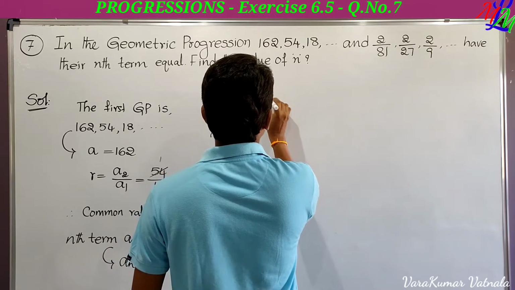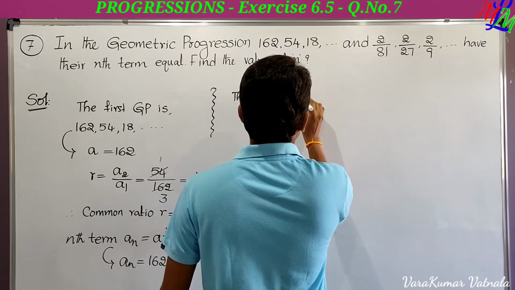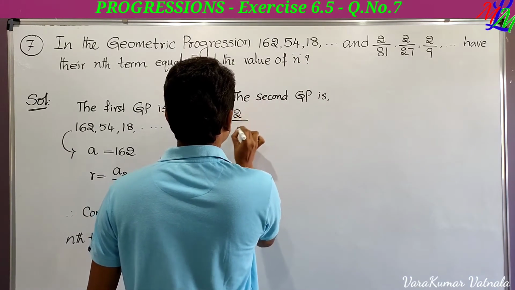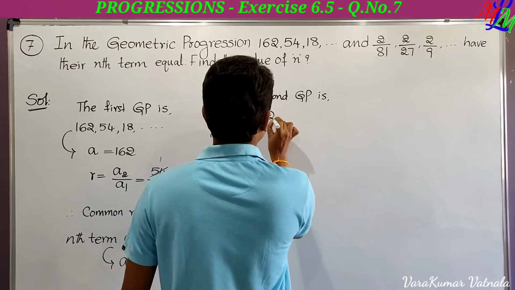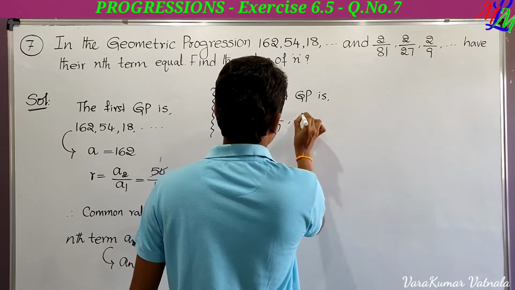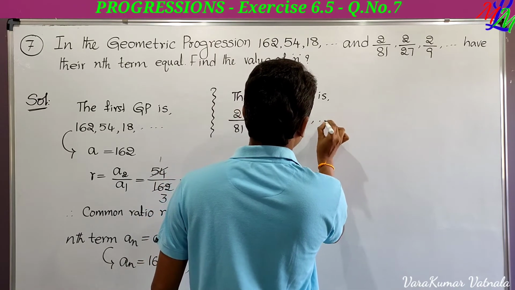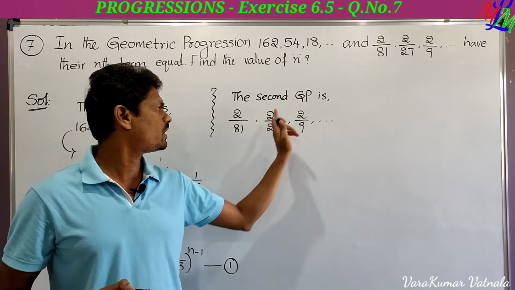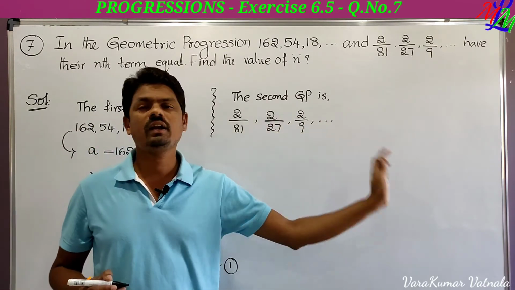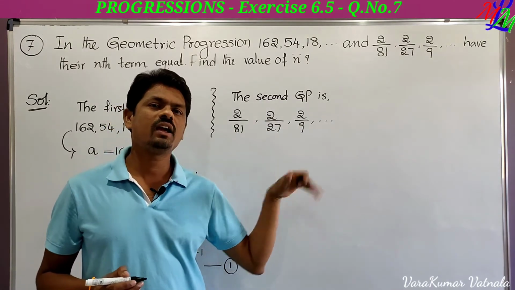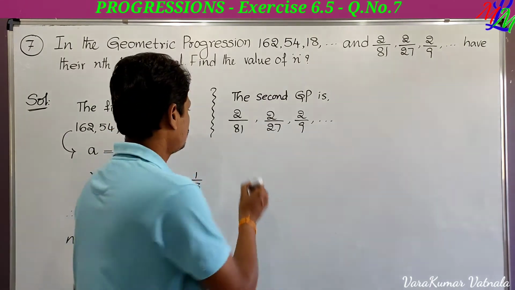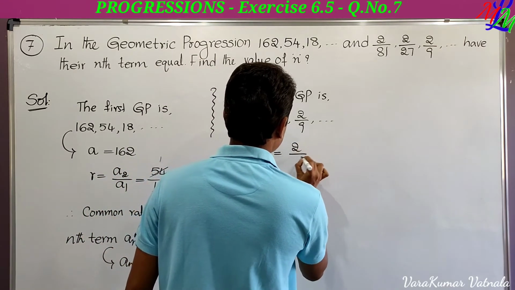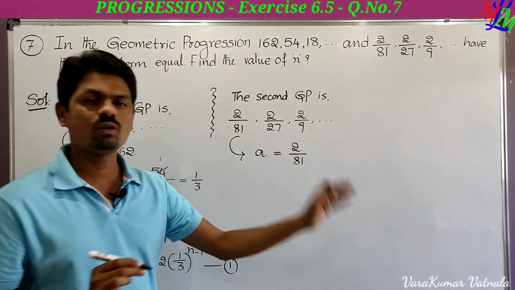The second GP is 2 by 81, 2 by 27, 2 by 9 and so on. Again we have to find the a and r values to find the nth term. Here the a value is the first term, a is equal to 2 by 81.